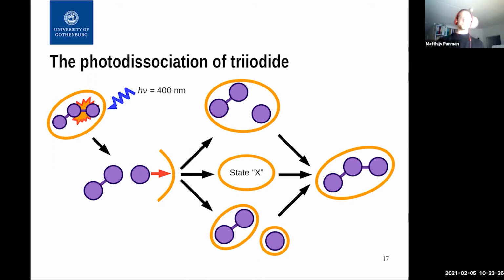The reaction has been studied even more extensively than the diiodomethane reaction, using a wide variety of time-resolved spectroscopic techniques. The reaction is initiated with a 400 nanometer light pulse. You get a bond scission of an iodine-iodine bond, and the two fragments fly apart. And again, as with diiodomethane, you have the step where the iodine can exit the original solvent shell and penetrate the bulk, or it remains as a geminate pair in solution.